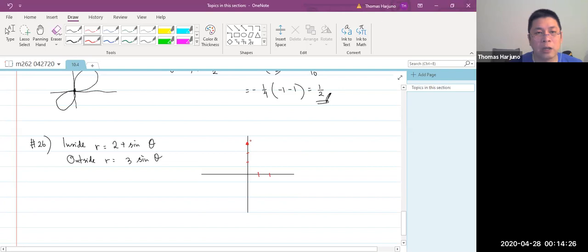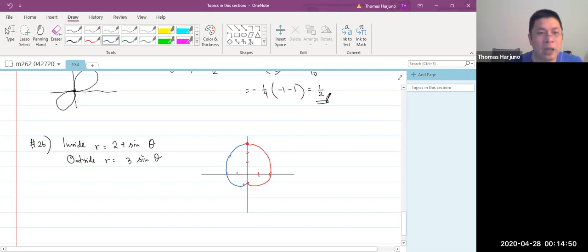When theta is 3 pi over 2 or negative pi over 2, that will reach the minimum 1. So the graph will be approximately like this, and then I copy paste the symmetry. Like this.